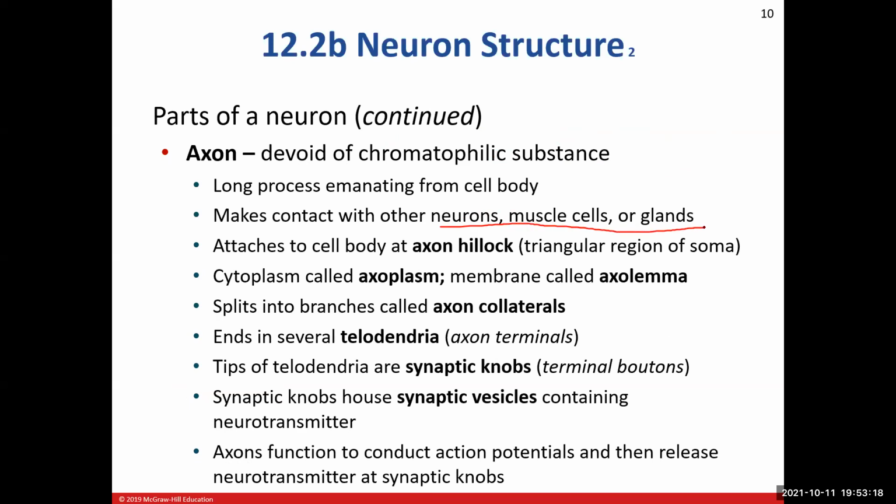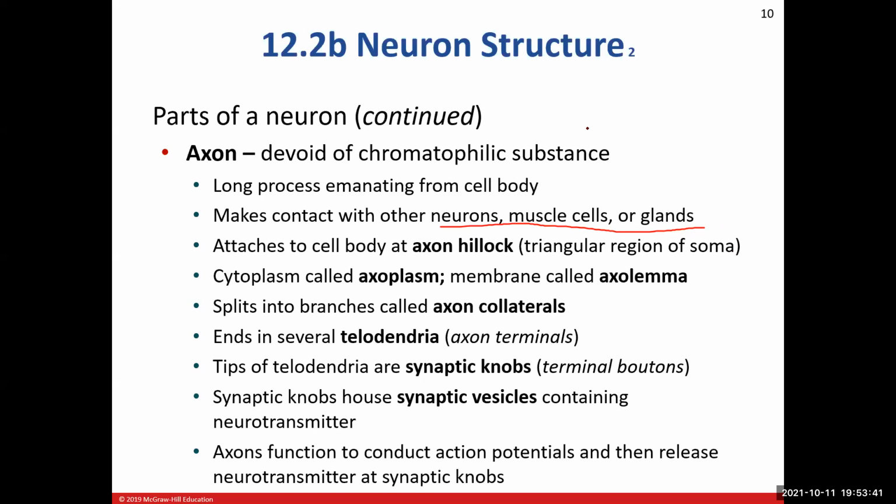Where the axon attaches onto the cell body, we call that the axon hillock. That is that triangular region, where we're going to initiate our action potential. Inside the axon, we rename the cytoplasm: it's called axoplasm. The cell membrane is called the axolemma.